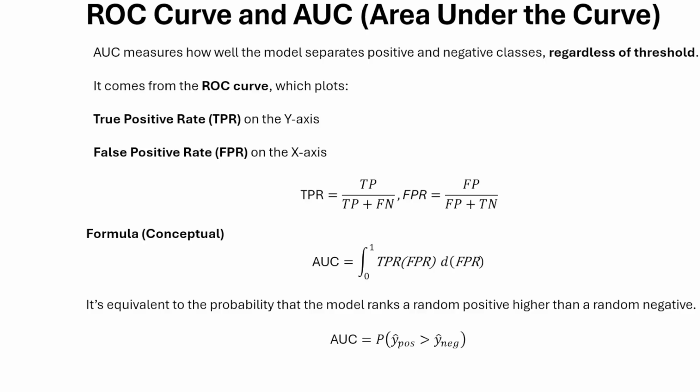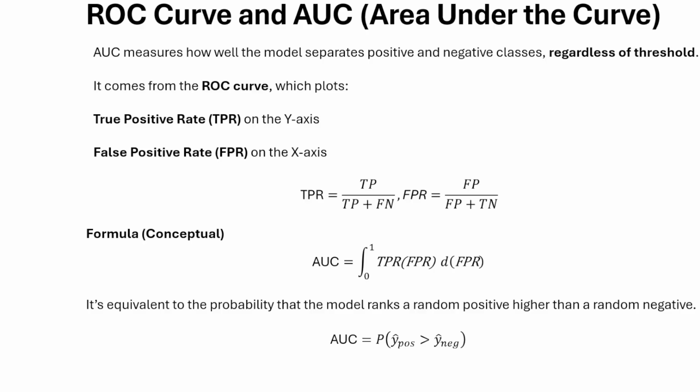And now for the area under the curve and the ROC curve. It's a little bit complicated, but we're going to explain it. The area under the curve measures how well the model separates positive and negative classes, regardless of the threshold that we have to know in advance.